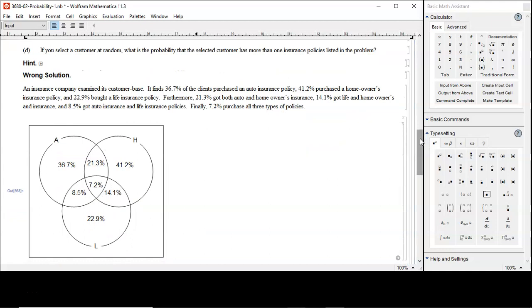Like this. So 36.7% auto, 41.2% homeowners, 22.9% life insurance, 21.3% auto and home, 14.1% life and home, 8.5% auto and life, and finally 7.2% all 3 types.